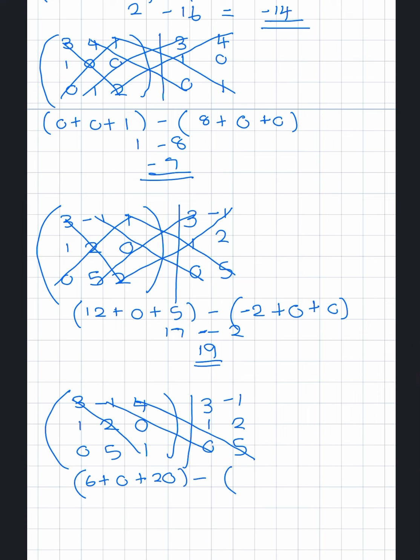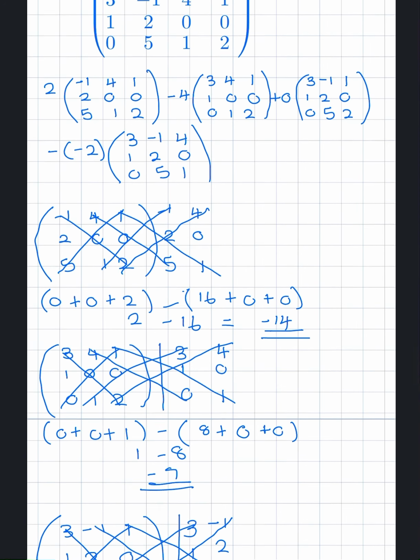Then minus the minor diagonals. 1 times 1 times minus 1 is minus 1. 5 times 0 times 3 is 0. 0 times 2 times 4 is 0. So 20 plus 6 is 26, and minus minus 1 gives us 1, so our answer is 27. I hope that one is clear.